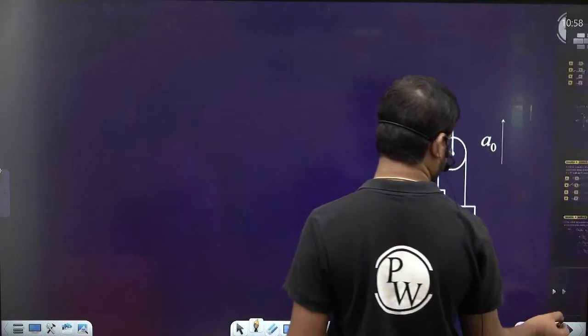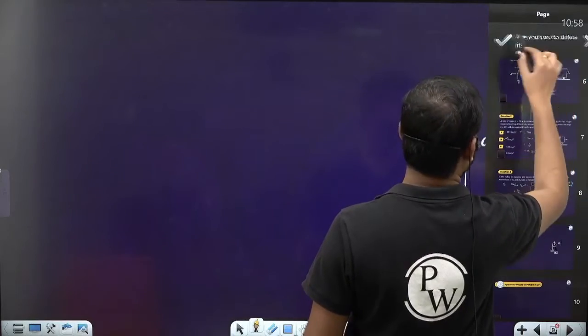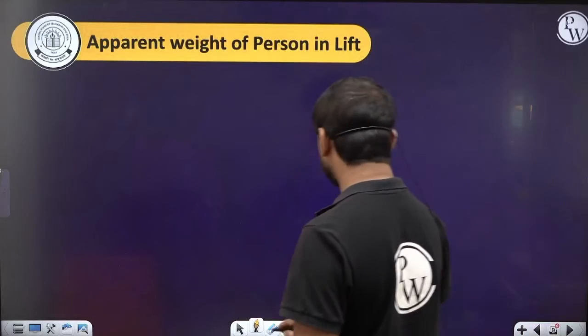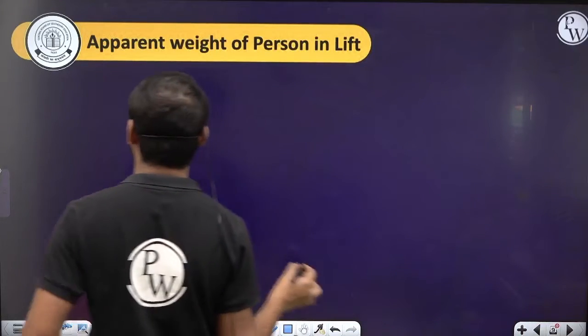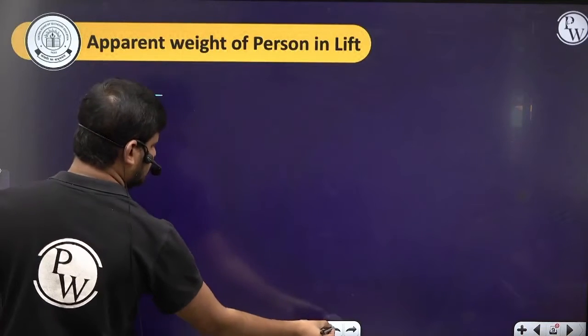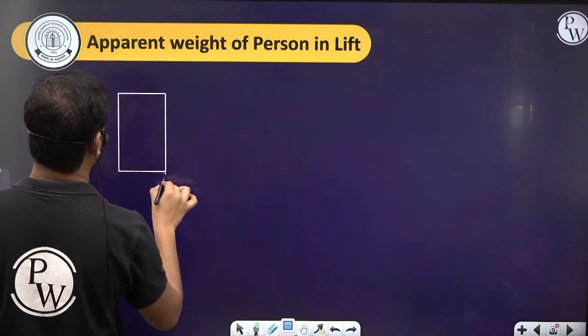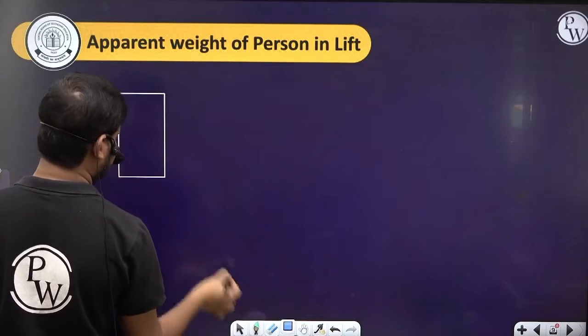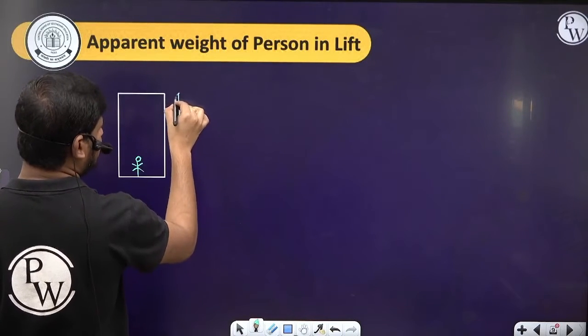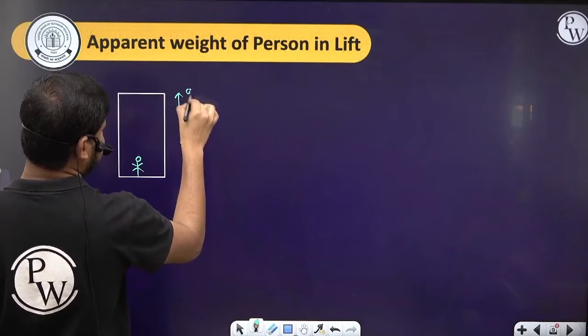So the same question, so no need of an extra slide. Let's do the next one: the apparent weight of a person inside the lift. As we discussed earlier, suppose here is a lift, and a person is standing inside the lift, and the lift is moving upward with an acceleration a.